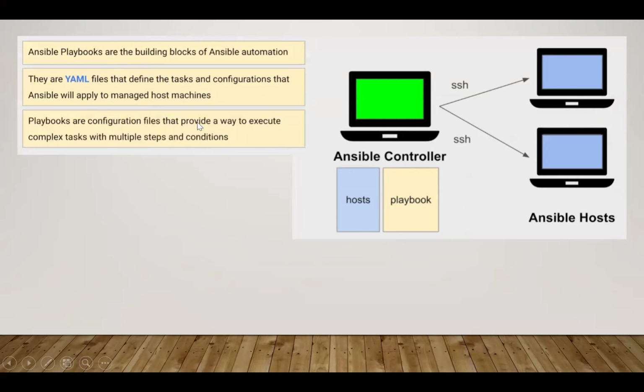Plus, playbooks are configuration files that provide a way to execute complex tasks. There could be any type of task you can perform on your hosts, on these servers. It may be easy, it may be complicated. But if it is complicated, you have to perform it on all those servers. So just do it once in the playbook and it will do it on your behalf.